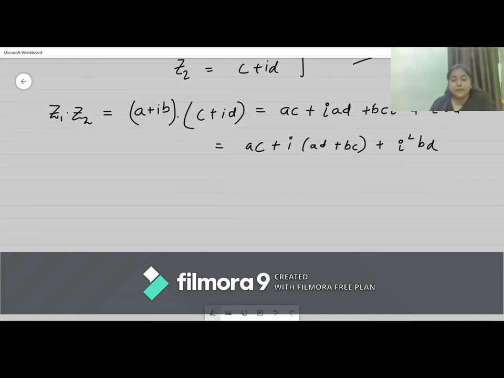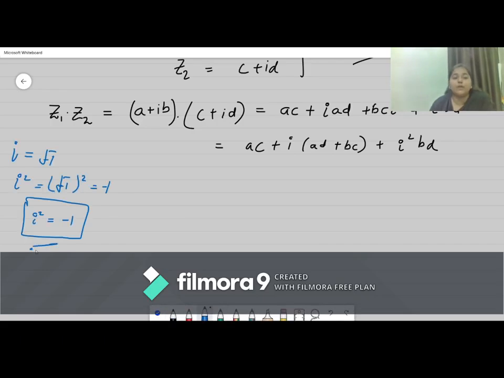अच्छा, अभी हमने पहले वैल्यूज निकाली थी. So this is the point I want you to focus upon. We have i square over here.